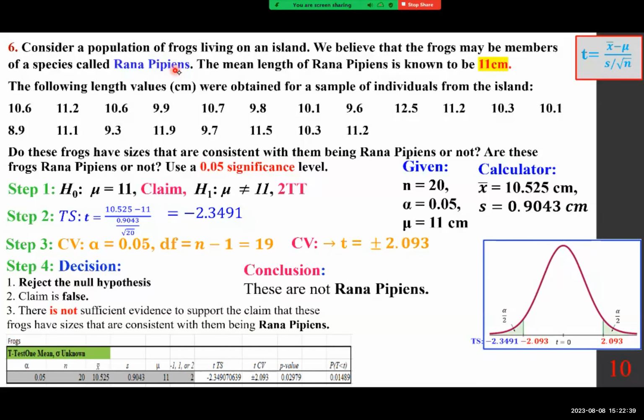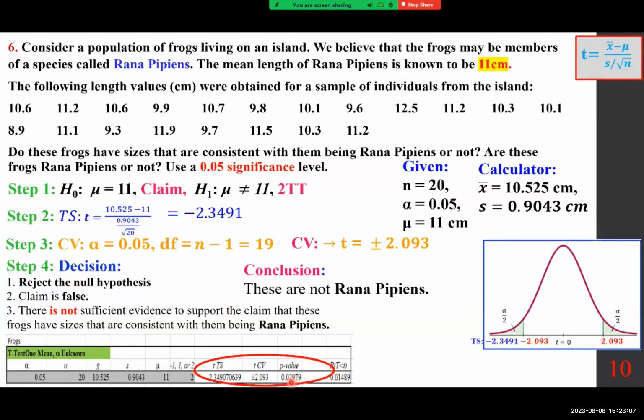And of course, if you use technology, for example, in this case, Excel is used. Take a look at what you have here. The critical value is minus 2.093 and plus 2.093. It has it here. The test statistic was calculated here, minus 2.3491, and it has a lot more decimals.